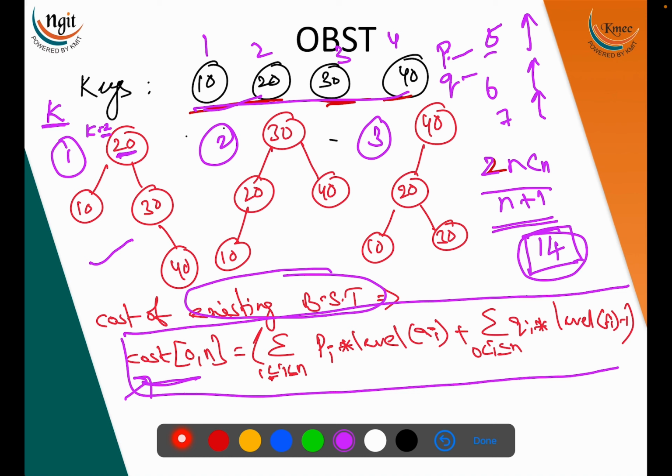The same root element in one tree appears as the left child in another tree. So the point is, in every tree the root element changes.